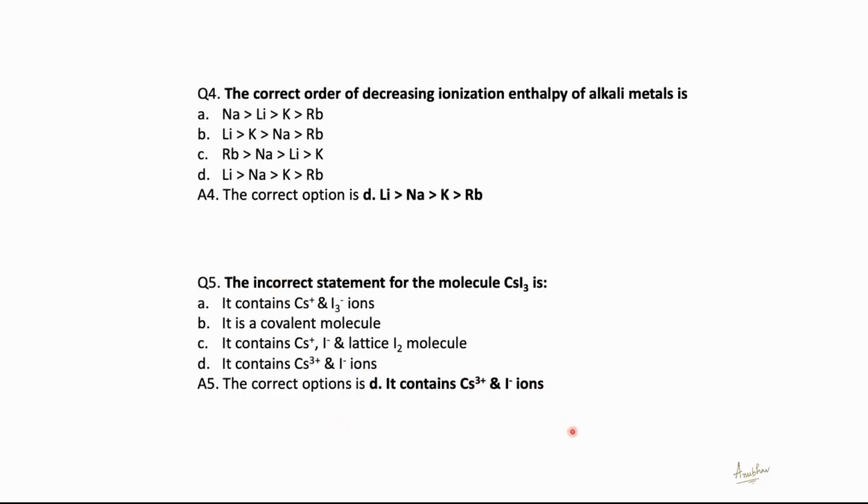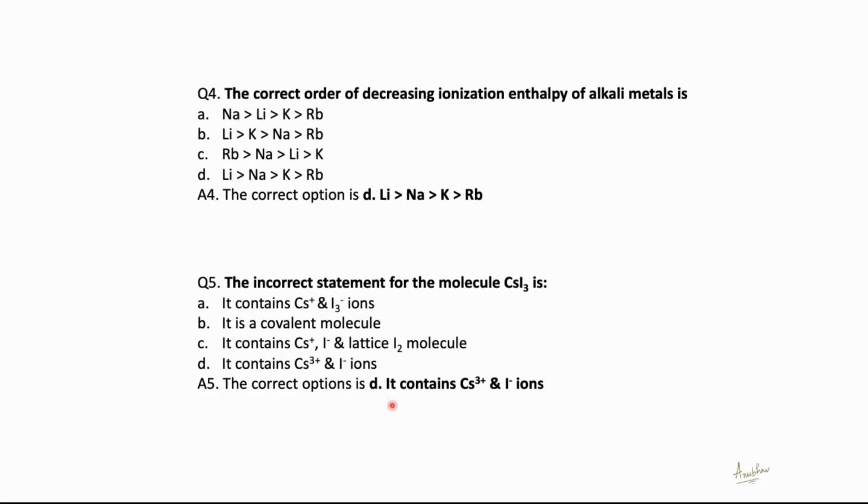I have already told you that all the alkali metals will only show the +1 oxidation state. The +1 oxidation state is exclusively and solely shown by all the alkali metals, whether it is lithium or sodium or any alkali metal. So whenever you see Cs3+ written here, that statement will be false. Because I have already told you that cesium+ or lithium+ will be the only thing that is possible.